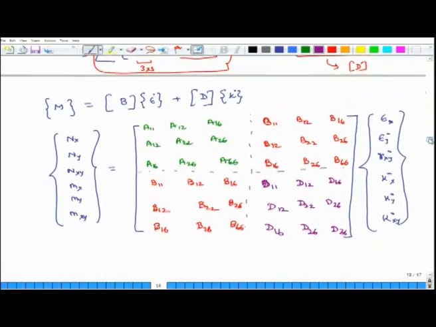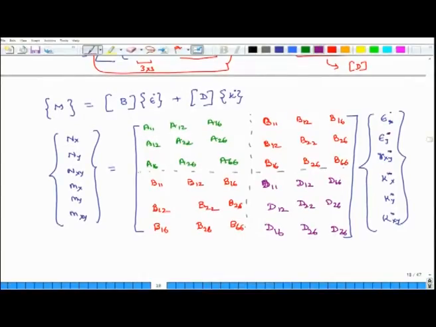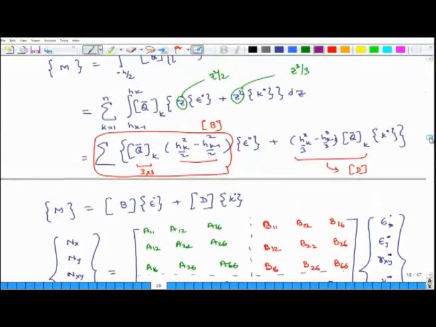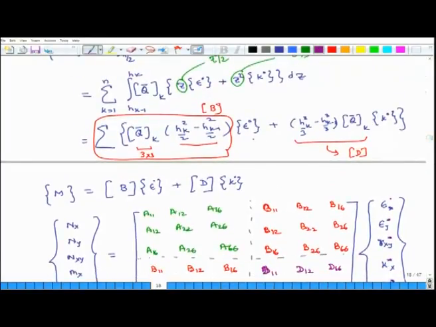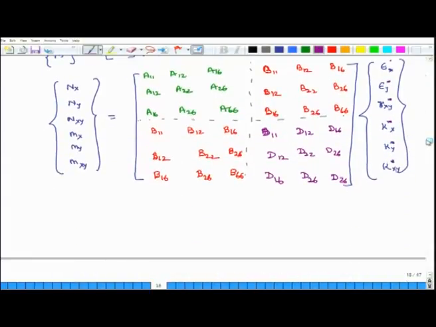So, if you know the force and moment resultants on the edge of a plate, then you can calculate all the mid plane strains and mid plane curvatures with the help of the A, B and D matrix terms. The definitions of A, B, D we have already described. What you have to do is compute these parameters layer by layer and add them up for all the layers, and you will get the individual A, B and D matrices.